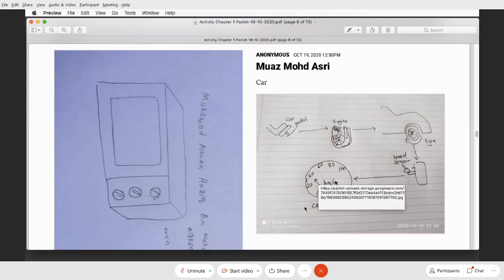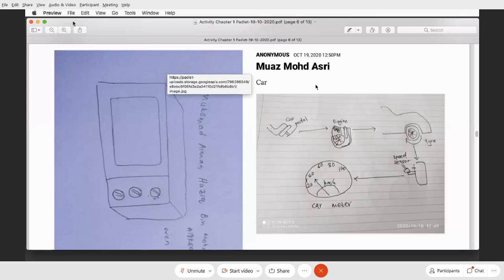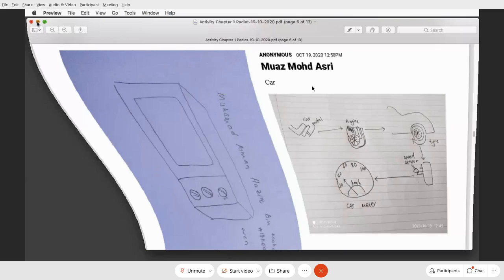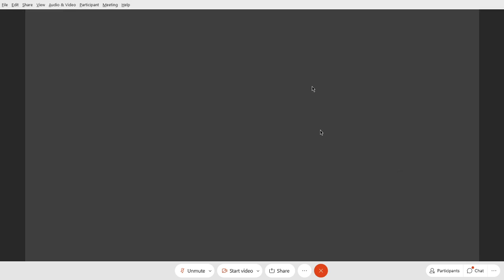I don't know how to make it an automatic closed system. So actually, I want to connect it to the cruise control. Cruise control. Yes. So the car system will maintain the car speed. We are using cruise control.